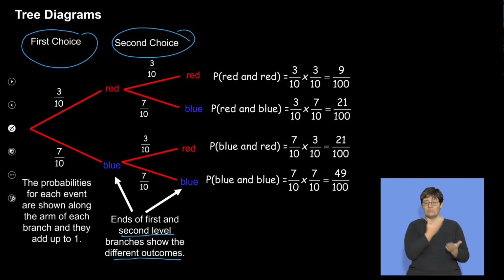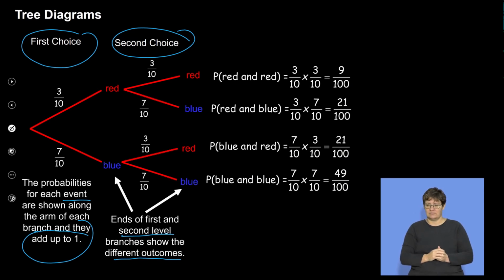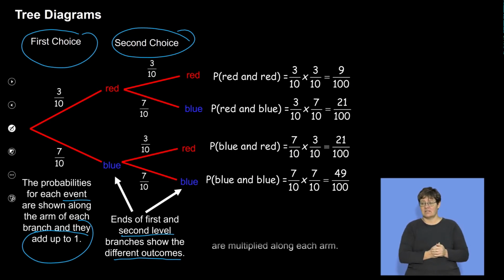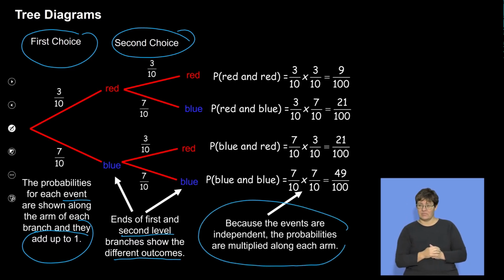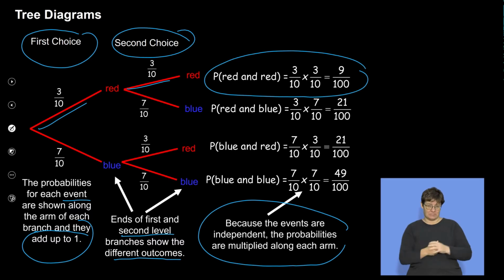Then the probabilities of each event are shown along the arm of each branch, and they add up to 1. We all together? And lastly, because the events are independent, the probabilities must be multiplied along each arm. You multiply that and that to get the actual probability.